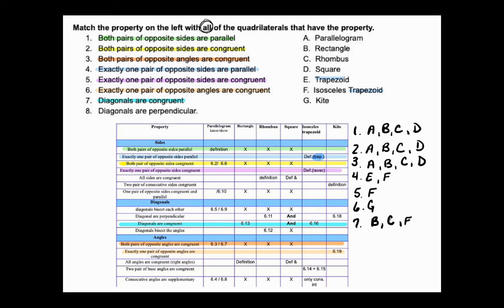So remember that theorem 616 is specific for the isosceles trapezoid.